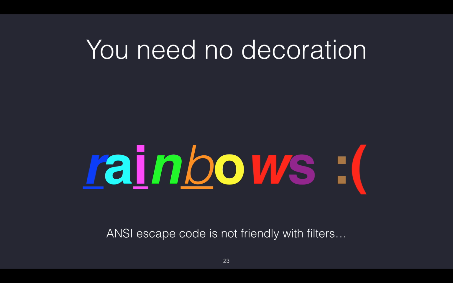If you are using piping, you better don't have it at all. So I'm not saying that I'm 100% against using colors. No, I'm fine with it. Just make sure you use it only when you know it's not going to be wrong and so on.